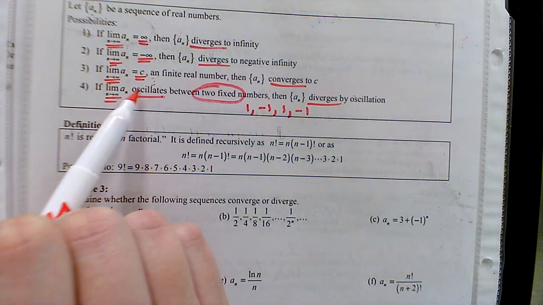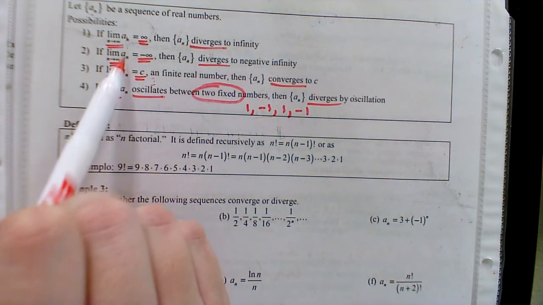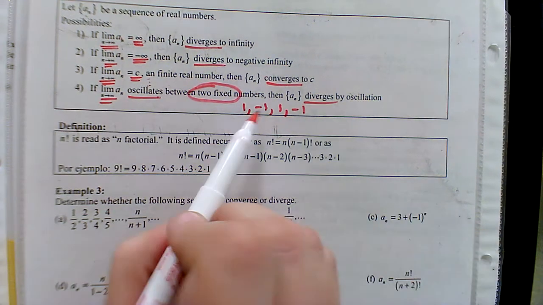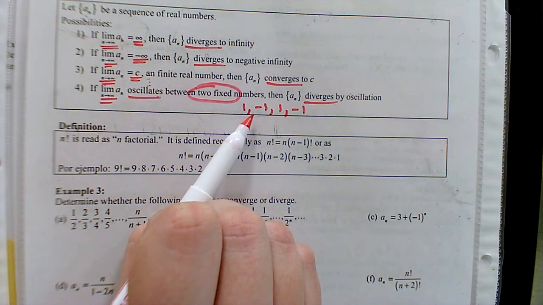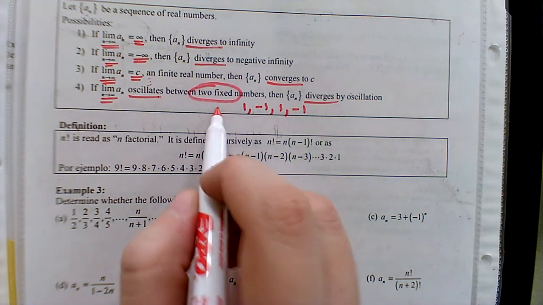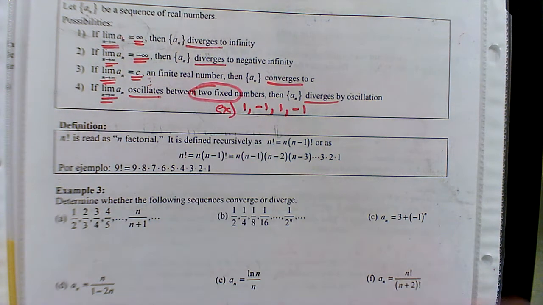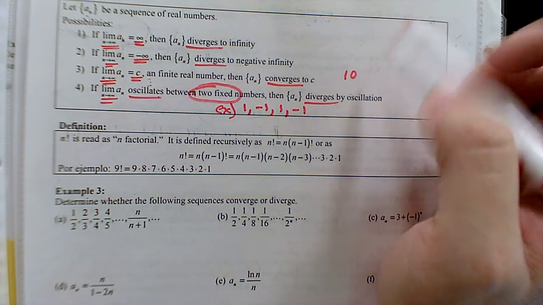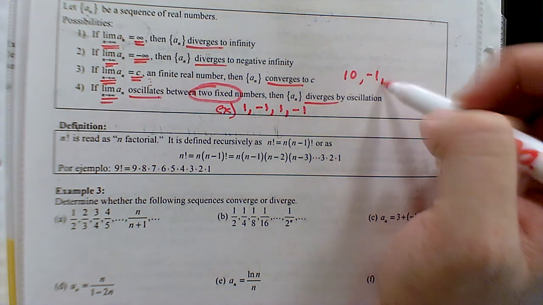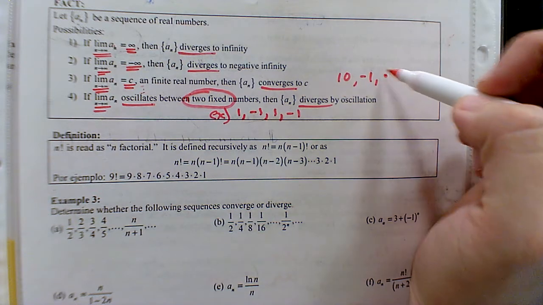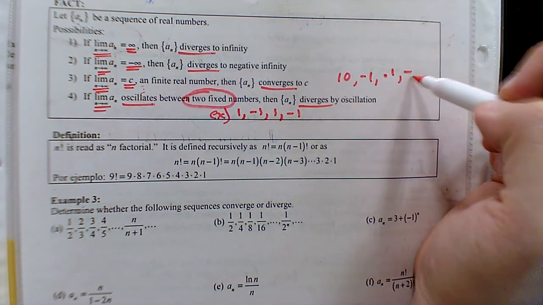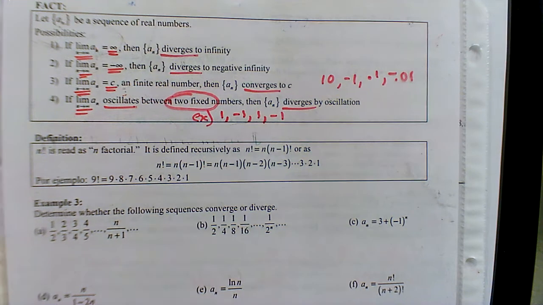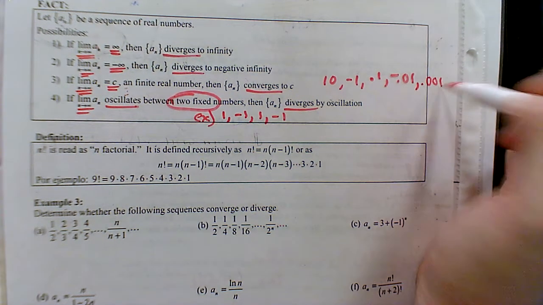So this type of sequence doesn't really fit these 3 options, but it is its own way to determine if it diverges. Okay, but they have to be fixed though, because what if I did 10, -1, 0.1, -0.01, 0.001.